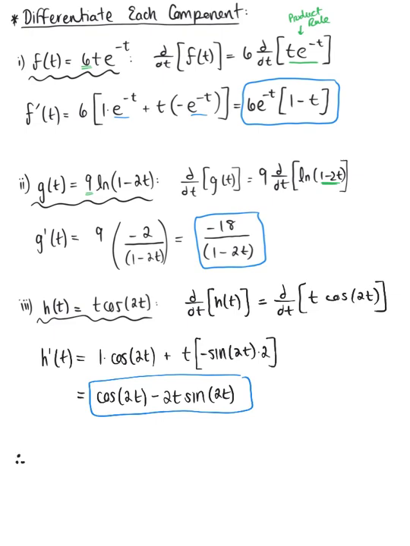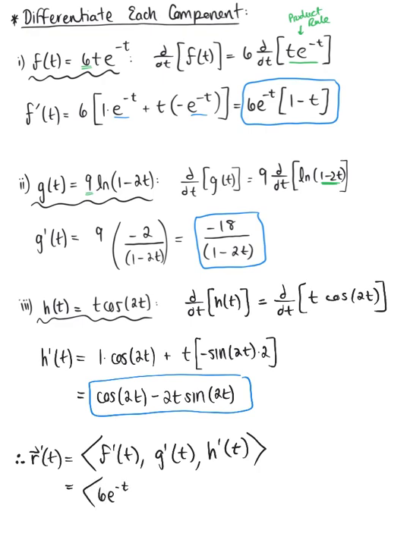So we can say that therefore vector r prime, our tangent vector, is the derivative of the f component, the derivative of your g component, and the derivative of the h component. Plugging in everything that we just found, we are left with 6 times the natural exponential raised to the minus t multiplied by 1 minus t.